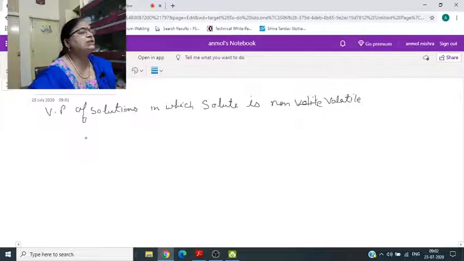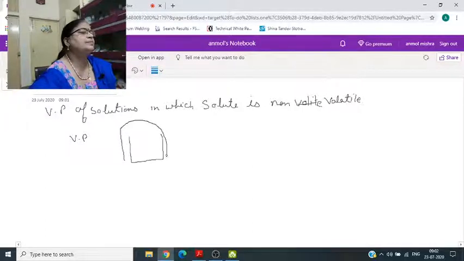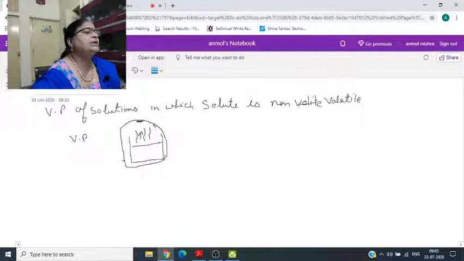In class 11th we studied what vapor pressure is. Whenever we heat any liquid in a closed container, it starts going into vapor state, and when the vapors reach the top level they condense back. So vapors go up and after condensing they come back to the liquid stage.